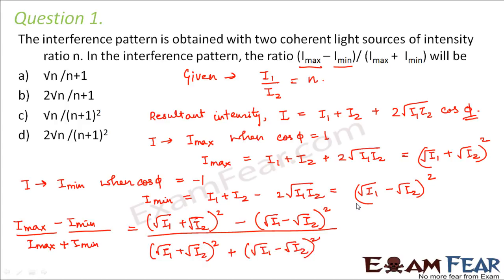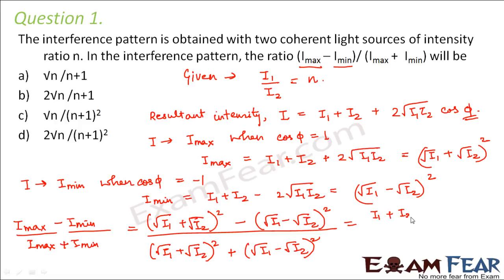After this, it is going to be simple mathematics. A plus b whole square, you can expand it. A minus b whole square, you can expand it. I am not willing to do the entire calculation, however, you can do it yourself.